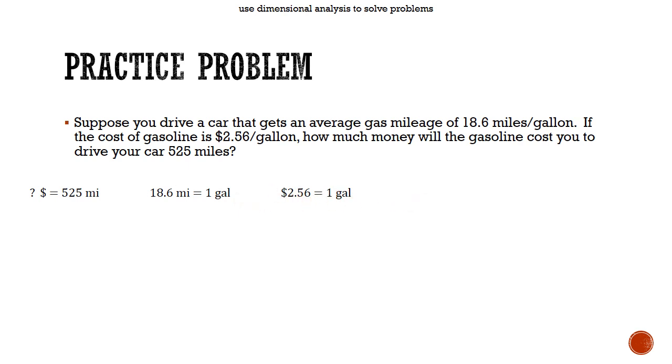So now it's just a matter of getting our units to match up. So notice our miles will need to be canceled first. So I'm going to use this first equality to start with, and I'm going to put the miles in the denominator. So 18.6 miles on bottom, 1 gallon on top. Notice your miles cancel. And now I need gallons to cancel, and that will get me to dollars if I use this second equality here.